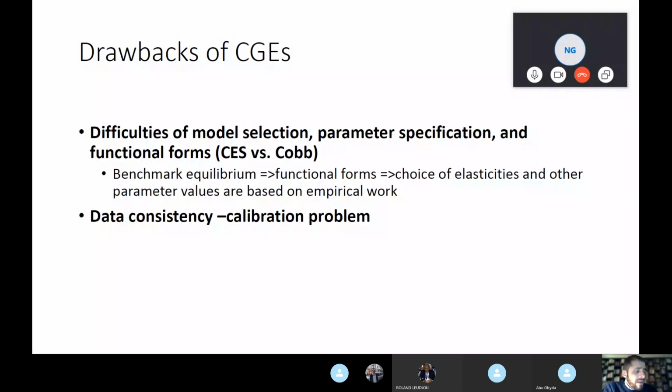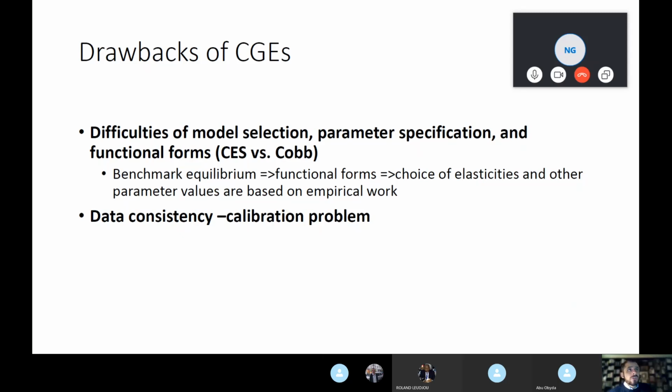Also, guaranteeing the data consistency of the SAM, because sometimes if we want to change the structure of a social accounting matrix, this can affect the consistency of the data, and if the data is not consistent, meaning that the sum of each row in the social accounting matrix is not equal to the sum of the corresponding column, then we cannot run a CGE model.